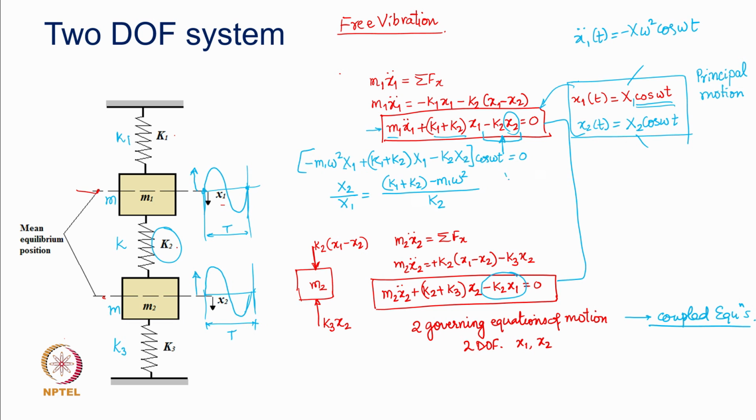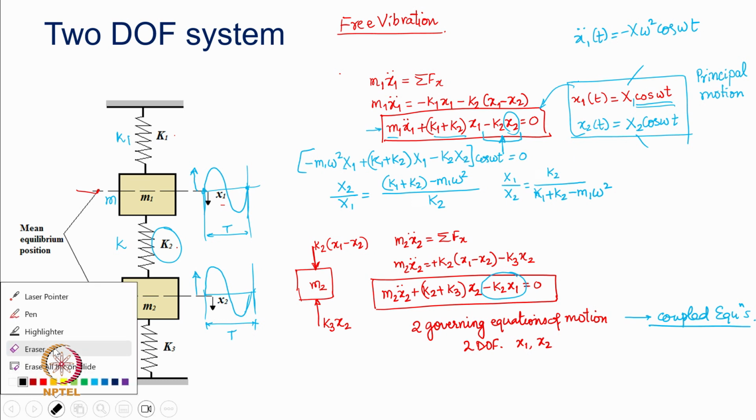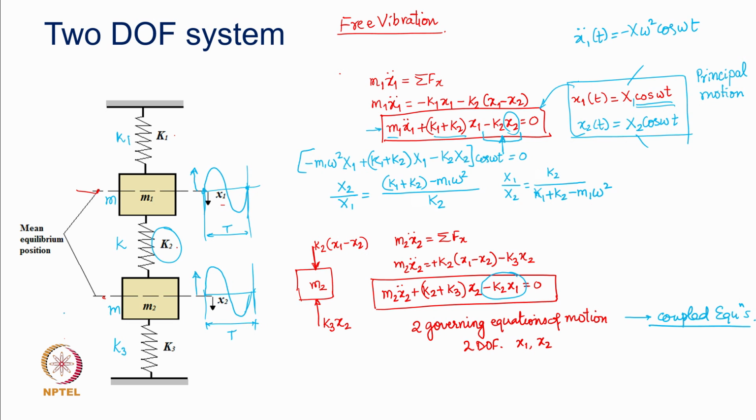Or I can write vice versa, the ratio of the two amplitudes x1 upon x2 as minus k2 over k1 plus k2 minus m1 omega square. Okay, that is what I have here as one equation that I get by substituting the assumed solution into the first equation, which is called a principal motion, wherein both masses move with the same period of time.